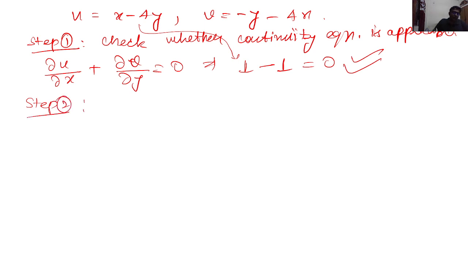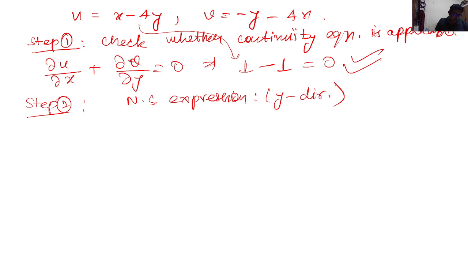Step 2 will be using the Navier-Stokes expression. We just need to substitute into the Navier-Stokes equation to finally get the pressure term with respect to x as well as y. Let us write the Navier-Stokes expression in the y direction.